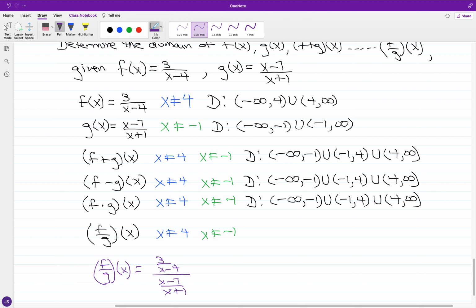Again, we've got fractions. x cannot be 4 here, and x cannot be -1 at the very bottom. And then clearing up this fraction of fractions, you have 3 over x minus 4. Dividing by a fraction is the same as multiplying by the fraction's reciprocal, so we have x plus 1 over x minus 7. And so we have the resulting f over g of x.